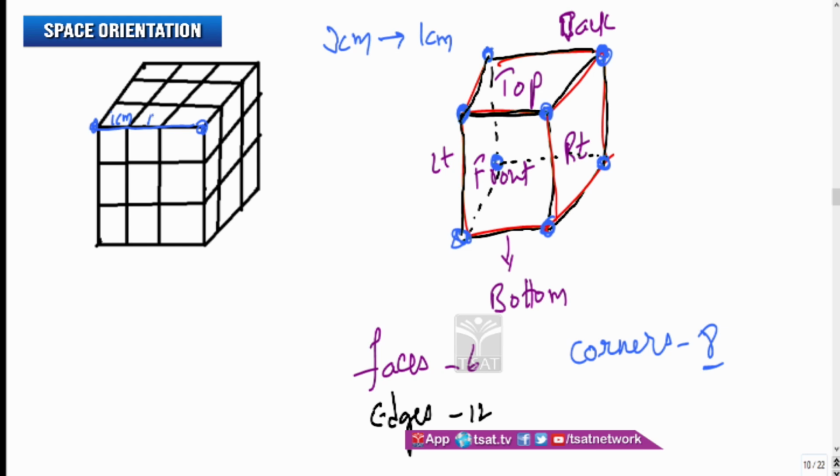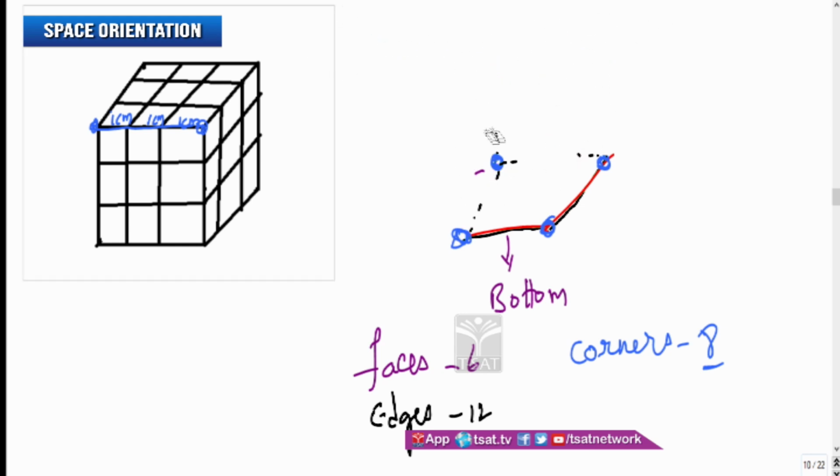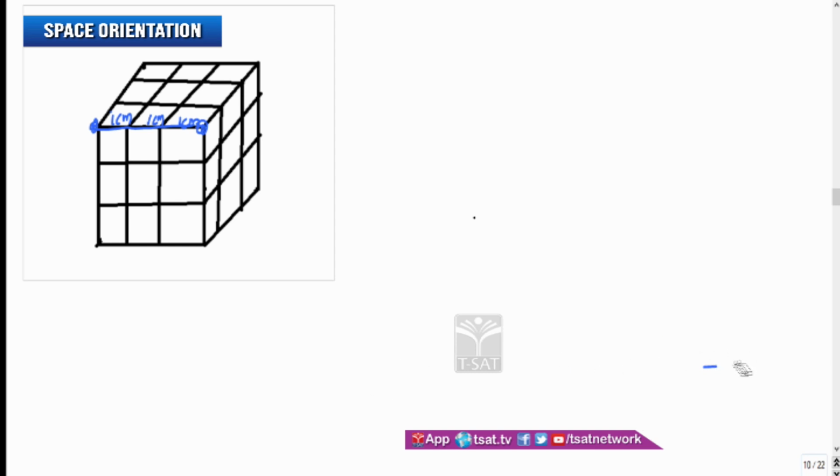So this is 1 centimeter, this is 1 centimeter, and this is also 1 centimeter. So a 3 centimeter cube is cut into 1 centimeter. Now the questions are asked based upon this cube. The first question will be: how many small cubes are formed?